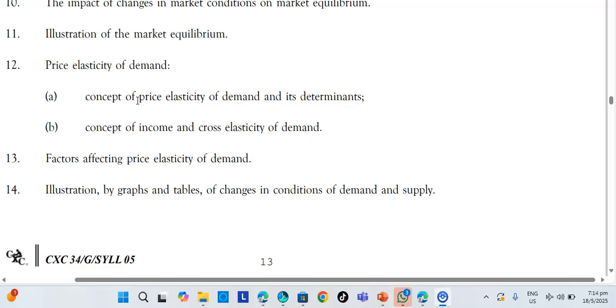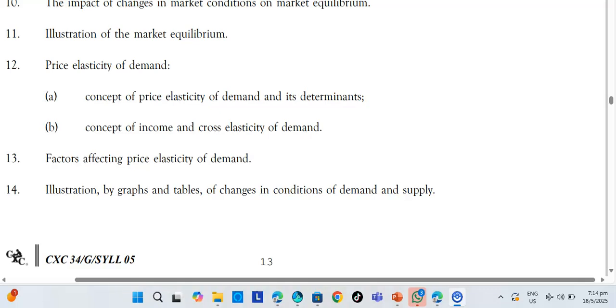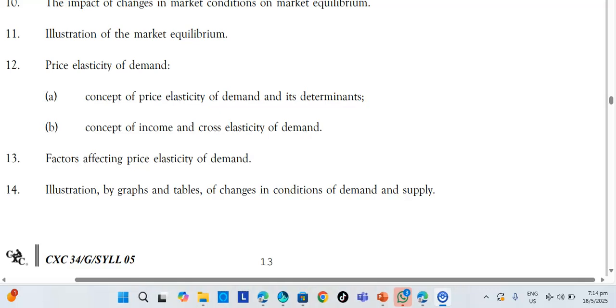All right. Now we're going to look at the factors affecting price elasticity of demand, which I think we did mention, but let's do it again. As I said before, price elasticity of demand measures how sensitive the quantity demanded of a good is to a change in its price.